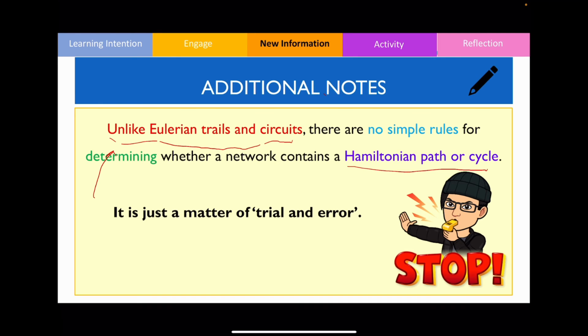When you've got exactly two odd vertices and all the other vertices are even, you've got a Eulerian trail. In contrast, when all the vertices have an even degree, you've got a Eulerian circuit. However, to find out whether a network contains a Hamiltonian path or cycle, unfortunately there is no nice neat rule to easily detect it, and so you're going to need to do it through a process of trial and error.